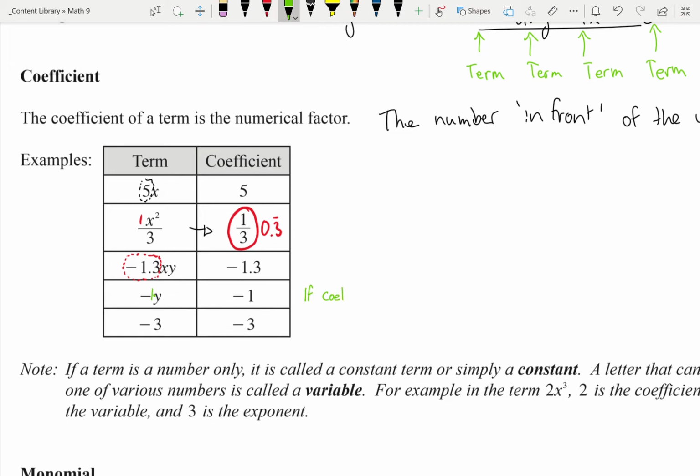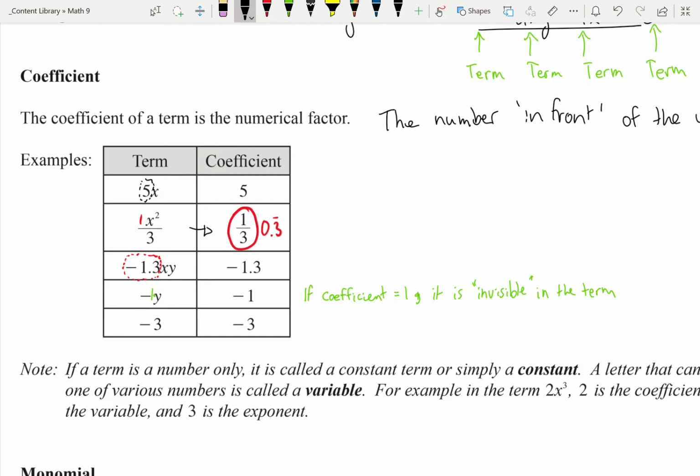We don't write out 1y or negative 1 times y, we would just write negative y. The reason for that is that negative 1 or positive 1 times something doesn't change the value of what it is, whereas if I multiply something by 5, it is going to change the value.